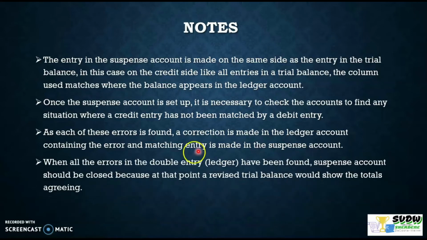And finally, when all the double entry errors in our ledgers have been found, the suspense account should be closed, because at that point a revised trial balance would show the total agreeing. So we are going to look for those errors. Once we have found them and made the entry in the different ledgers, we are then going to close our suspense account because we no longer need it, and we will have a revised trial balance showing the total agreeing.